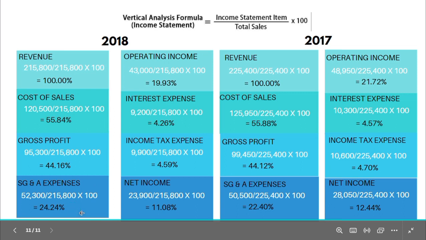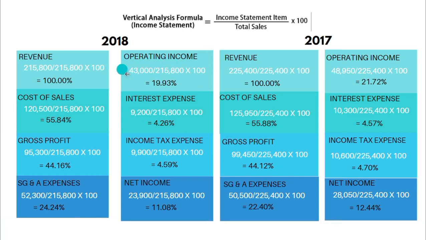24.24%. So, operating income noong 2018, merong 43,000 divided by the revenue, 215,800 times 100 is equals to 19.93%. Sa interest expense, merong 9,200 divided by 215,800 times 100 is equals to 0.426%.